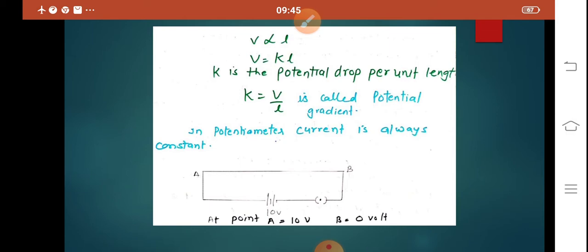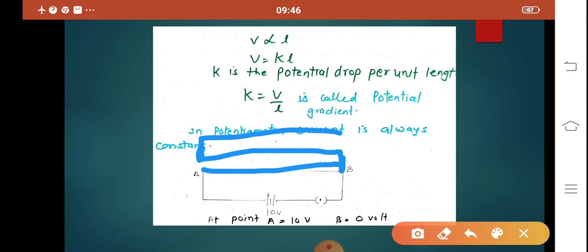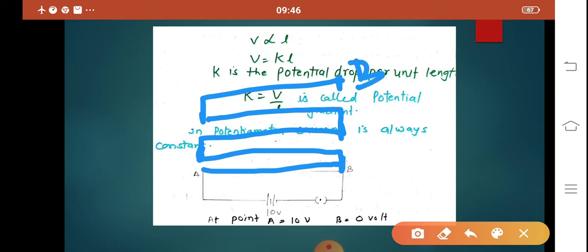You take a meter scale of 1 meter, then cut the wire, use one strip there, then come back like this. Suppose 5 meter: so 100, then strip, then 200, then strip, 300, strip, 400, strip, 500. So this point is B, this point is A.